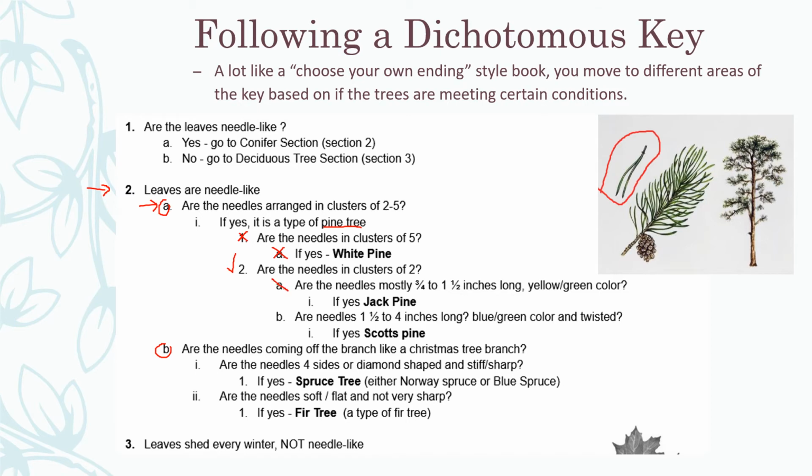So then I'm going to know that this is not my answer, and instead, I'm going to know that this is my answer and that the tree that I'm looking at is a Scots pine tree. All right, great. So we just worked through a theoretical example of how to go through a dichotomous key, just answering yes and no questions and following along depending on whether I am meeting what that question is asking for or not.